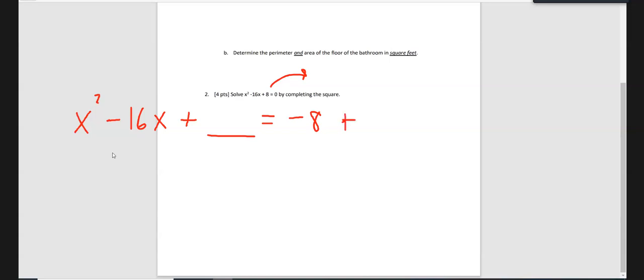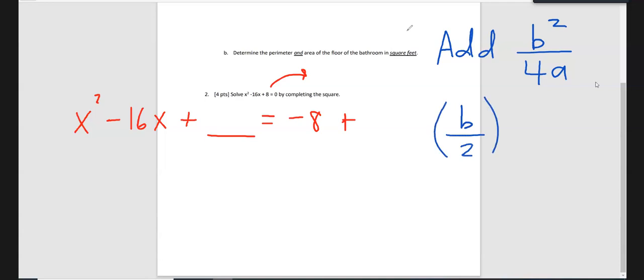Yes. Okay. The next thing we want to do is add a value to both sides. Now, I use a fraction when I teach this: b squared over 4a. A lot of Algebra 2 teachers like to do b over 2 quantity squared. Now, is there a difference?